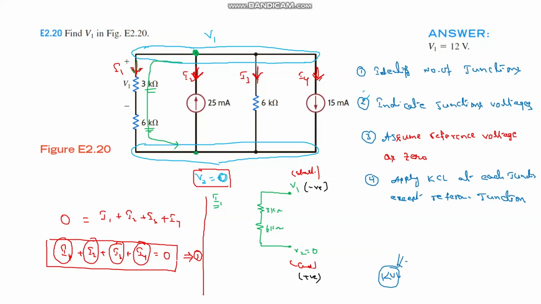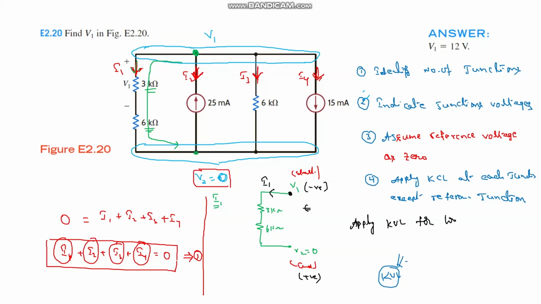Now apply KVL for this loop, and the current direction is like this, I1. At the starting point, the voltage is V1.